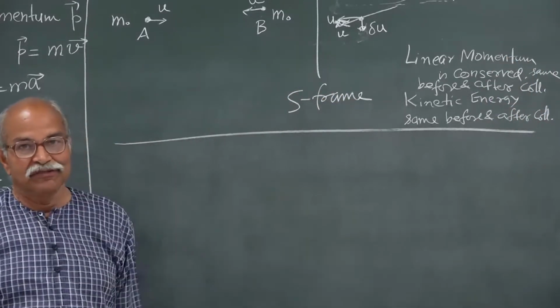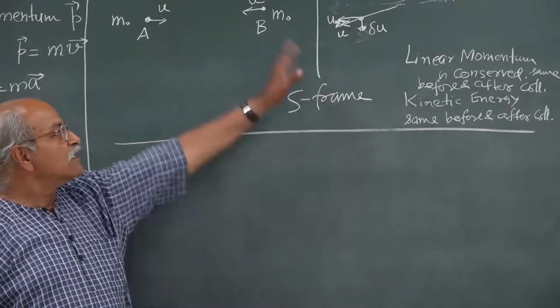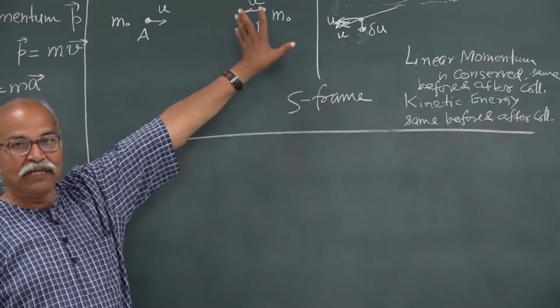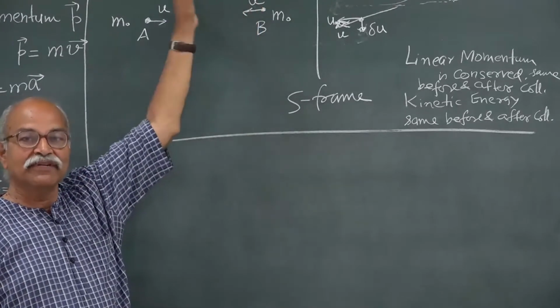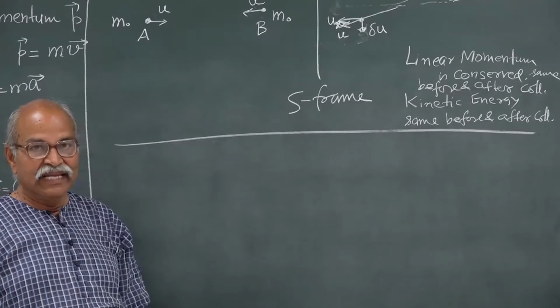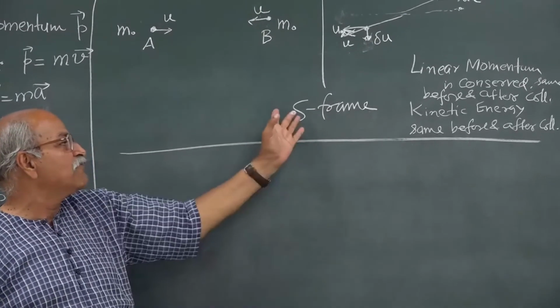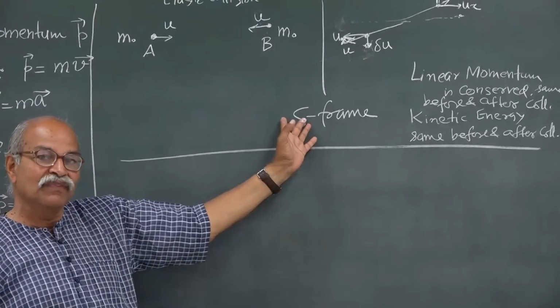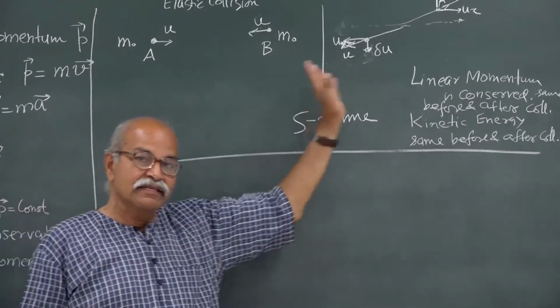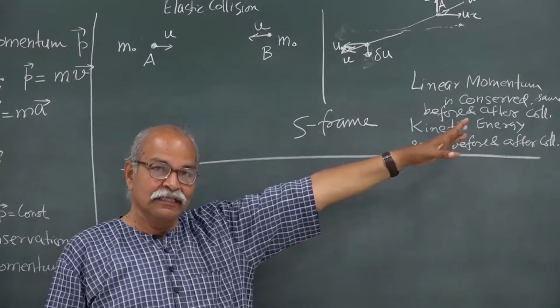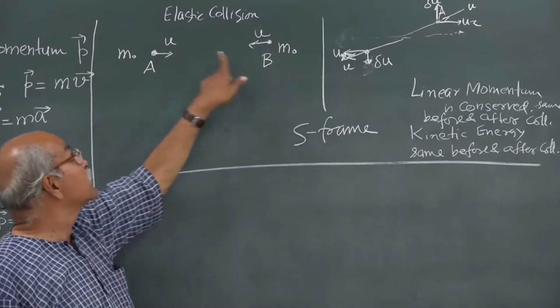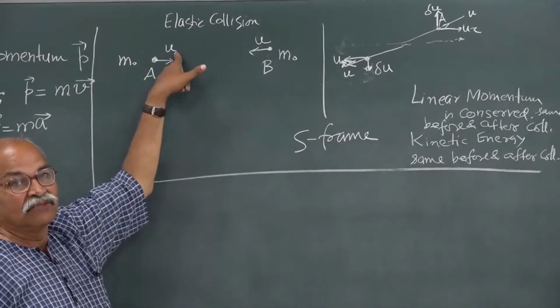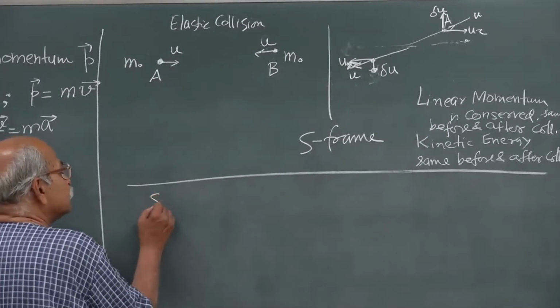Very nice. Now, look at this whole phenomenon from the frame S prime, and S prime will be moving with respect to this S frame in the positive x direction, with speed, let us say, u.